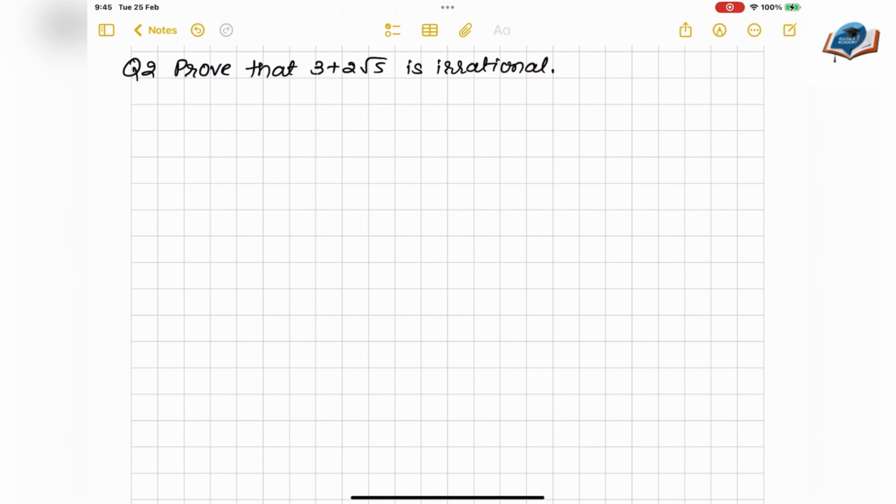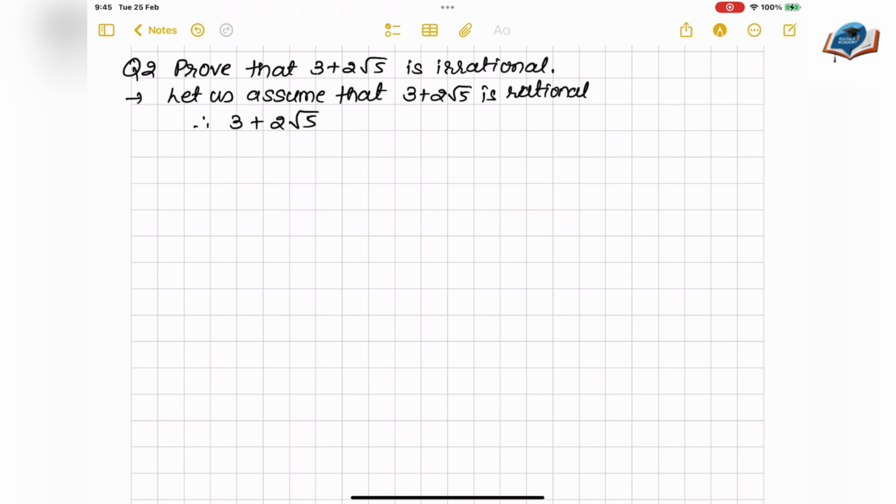Now question 2 says prove that 3 plus 2 root 5 is irrational. So let us assume that 3 plus 2 root 5 is rational. Therefore, 3 plus 2 root 5 equal to A upon B, where A and B are co-prime and B is not equal to 0.